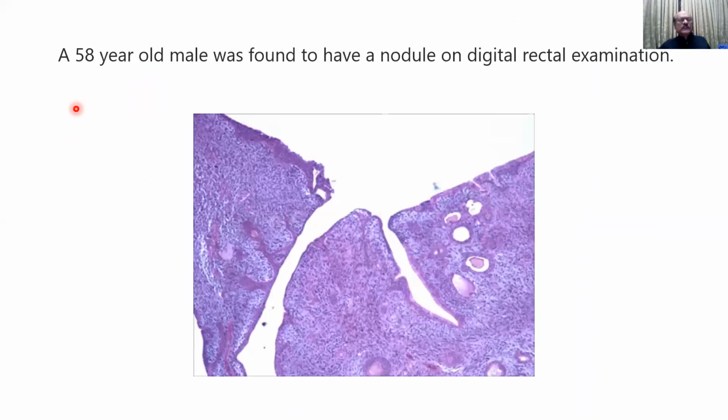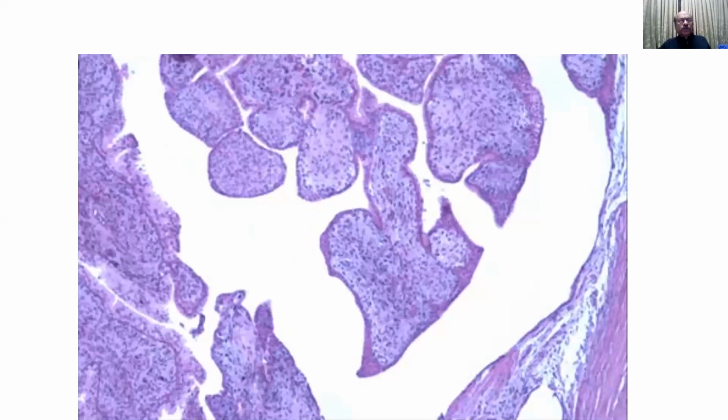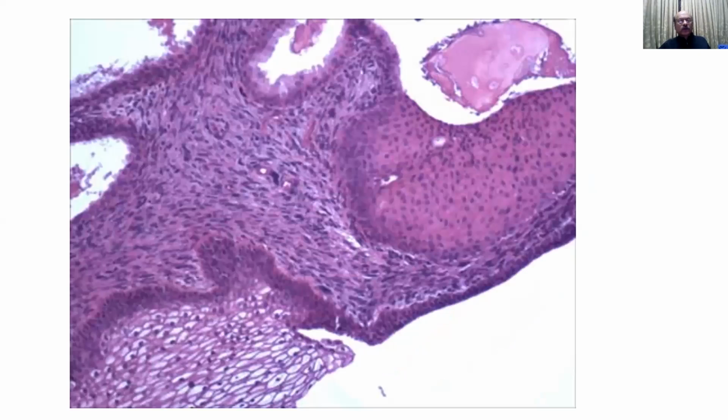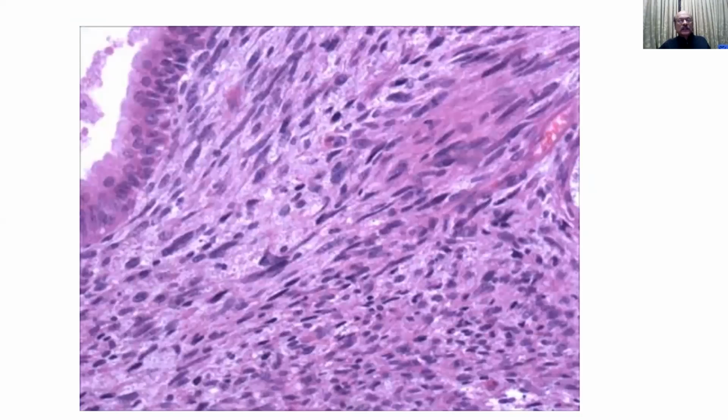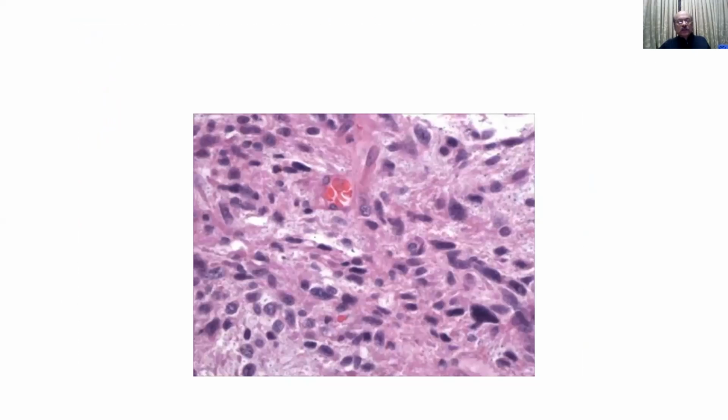This one is a 58 years old male, TURP. Here again, it shows some sort of lesion we usually see in breast. Here the spindle component or stromal component is more than the glandular component, and there are some atypia.